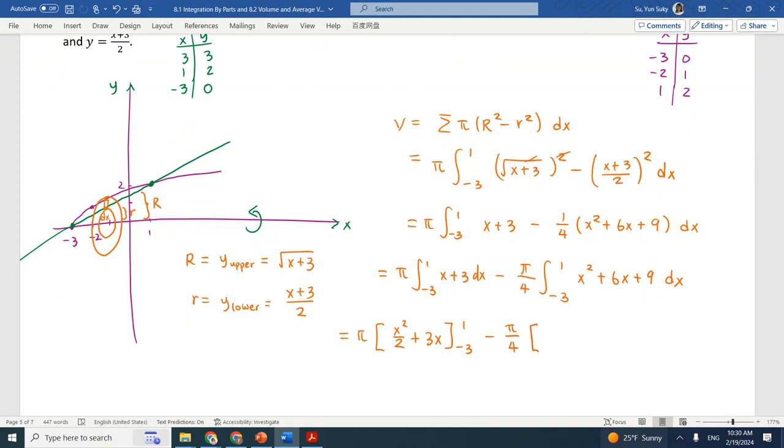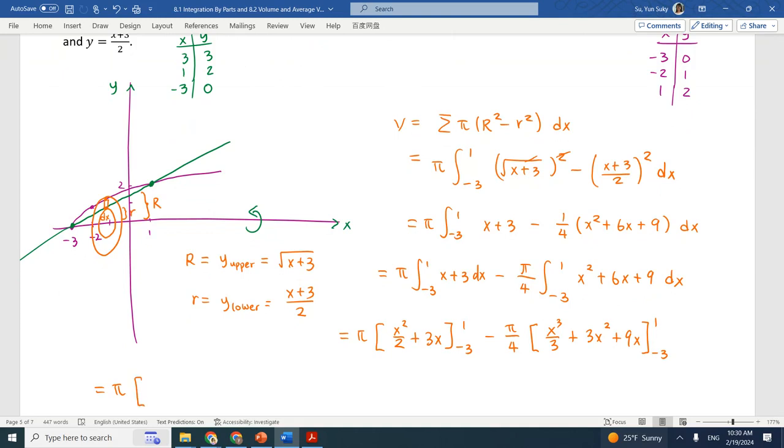What's the integral of x squared? x cubed over 3. What's the integral of 6x? Yeah, 3x squared. Is everybody okay with that? What's the integral of 9? 9x, yes. Plus 9x. We evaluate from minus 3 to 1. Good.